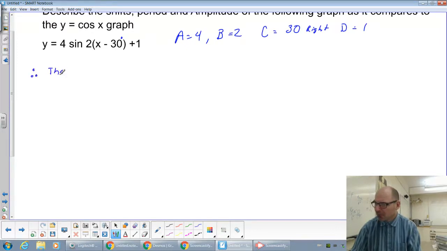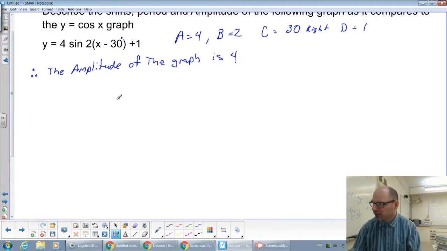Okay, so we can say, therefore, the amplitude of the graph is 4. The period is 360 divided by 2, which equals 180 degrees.